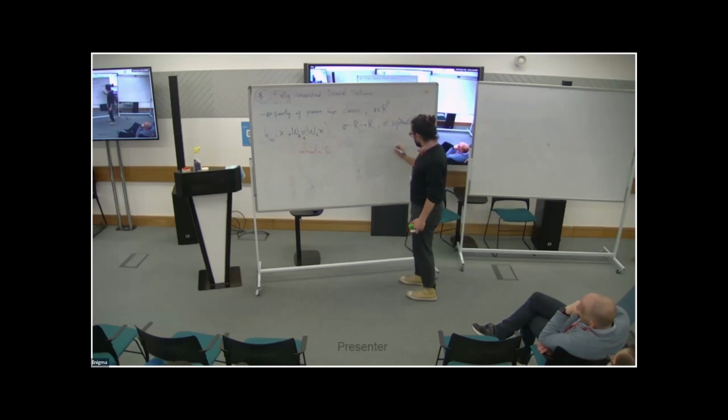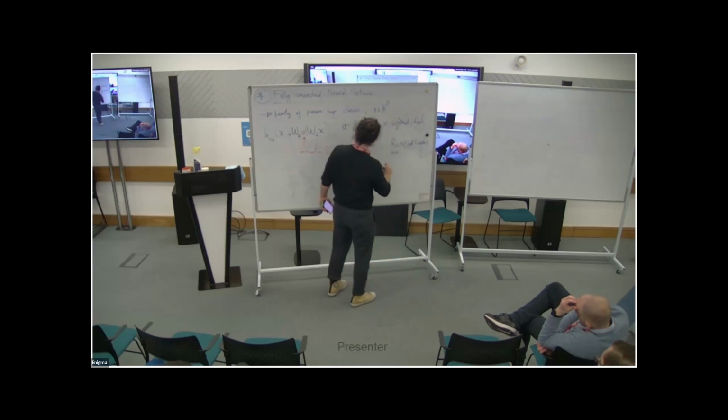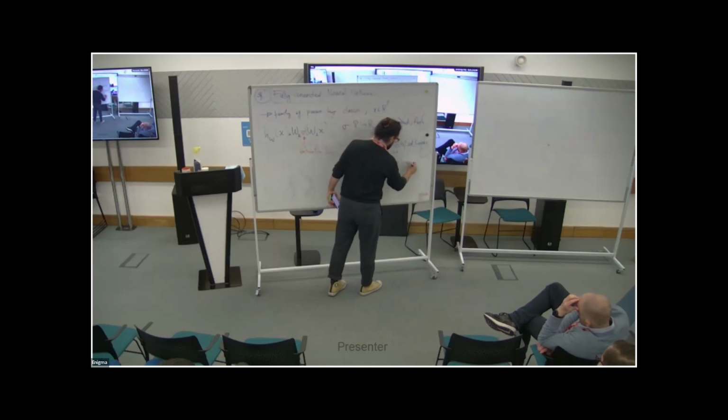Nowadays the most common one is called the rectified linear unit. It's essentially sigma of x equals max of 0 and x.